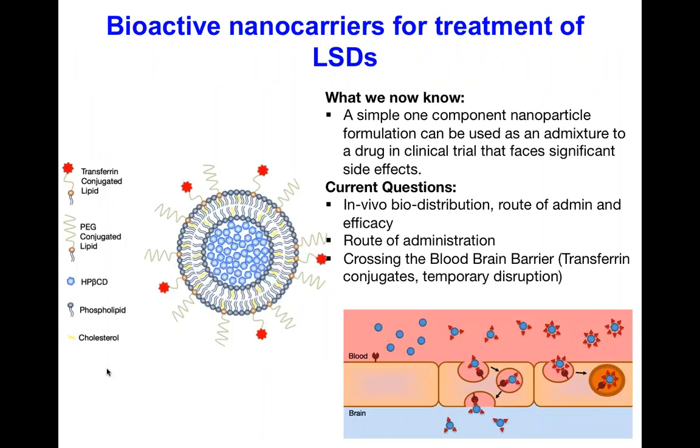So the current questions regarding bioactive nanocarriers is if, for different lysosomal storage disorders, based on the tropism of these nanocarriers, they can be utilized for delivery of small molecules, genes, as well as diagnostic and imaging tools.